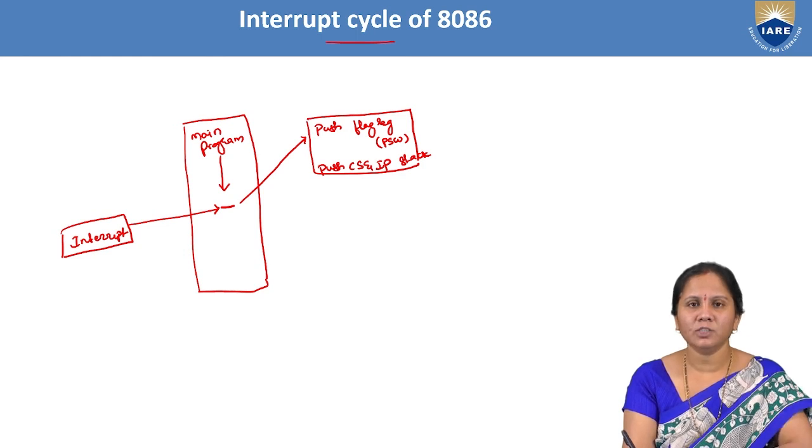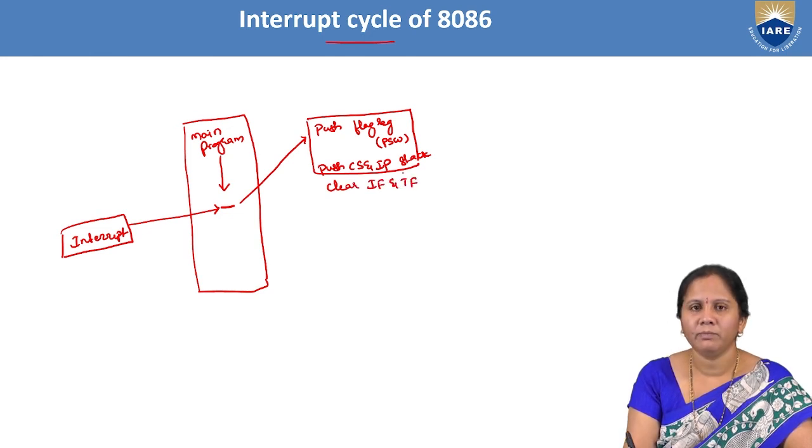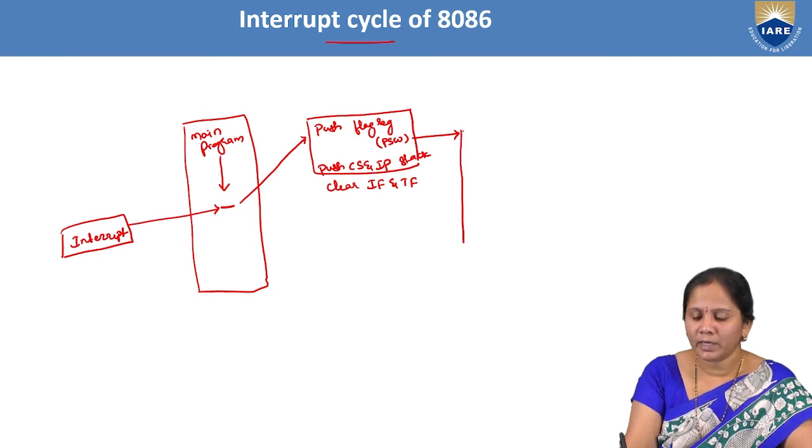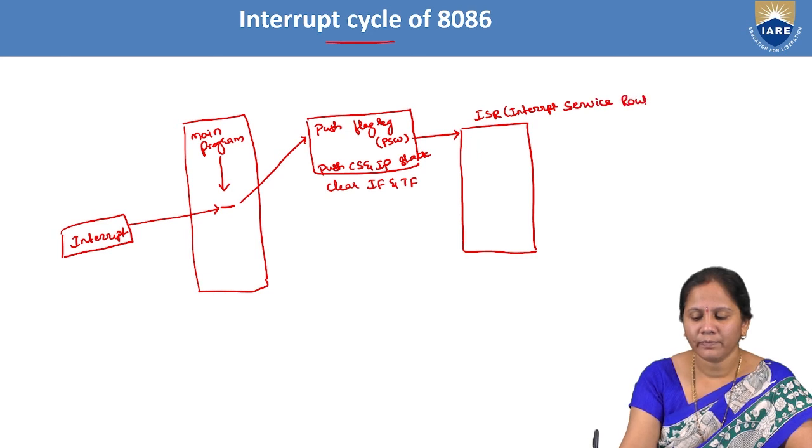When these contents are pushed onto the stack, the values of IF and TF are cleared, because of the next instruction after executing the ISR. After storing all these contents on the stack, then only that particular interrupt service routine will be executed.